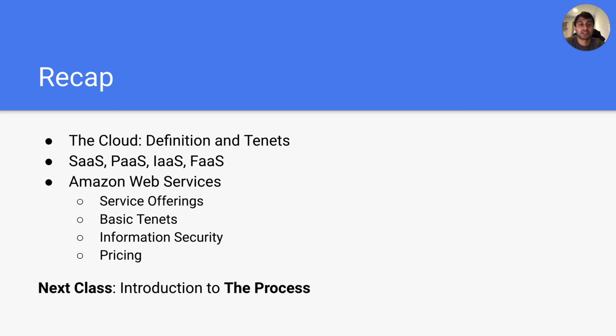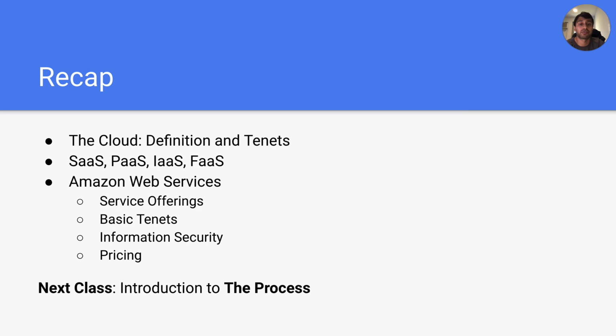So, to recap this class, we first started talking about how everything we've talked about so far needs to live physically on servers. We then differentiated between having those servers live on-premise versus living in the cloud. We then defined the basic tenets of the cloud and what guarantees it makes to support and enable its offerings.